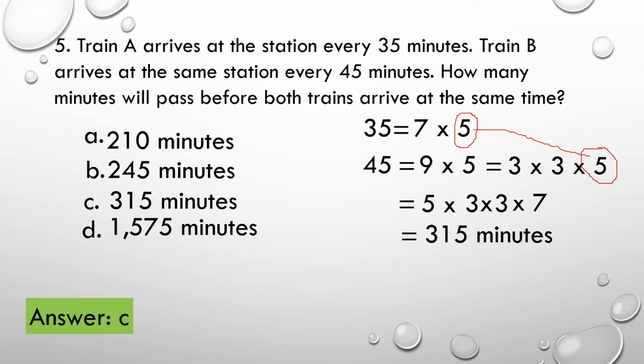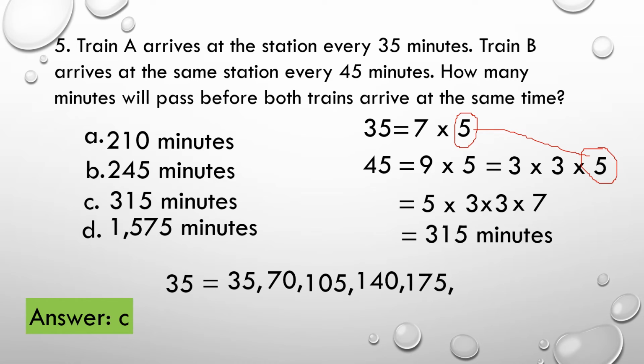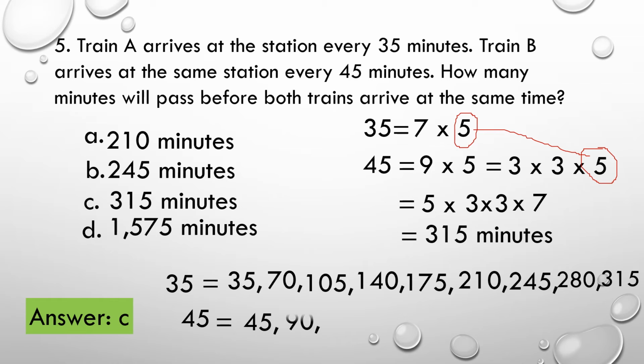Now, look at this one. If you're going to use listing in finding the multiples of 35: 35 plus 35 is 70. 70 plus 35 is 105. Plus 35, plus 35, plus 35. Look at this. Okay, 315. For 45, 45 plus 45 is 90. 90 plus 45 is 135.